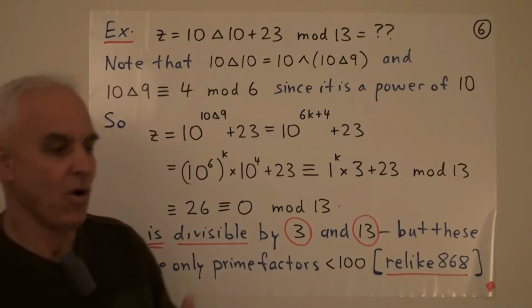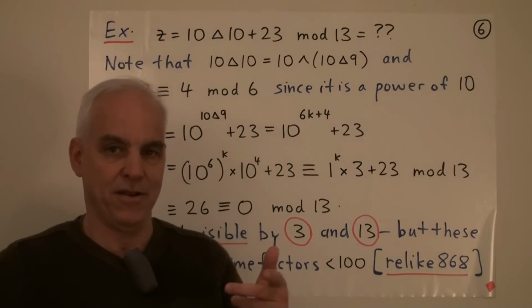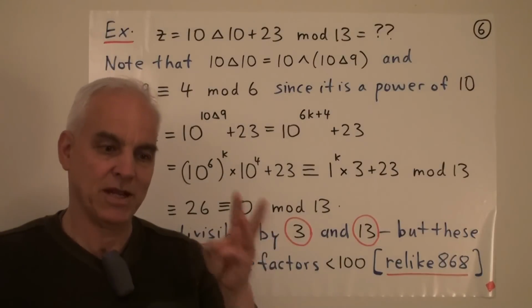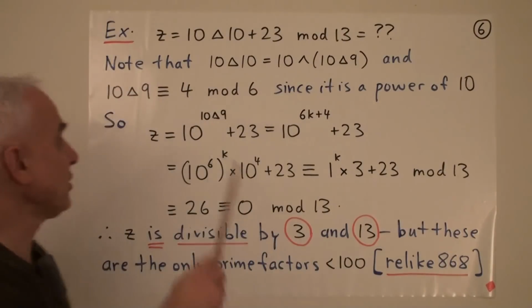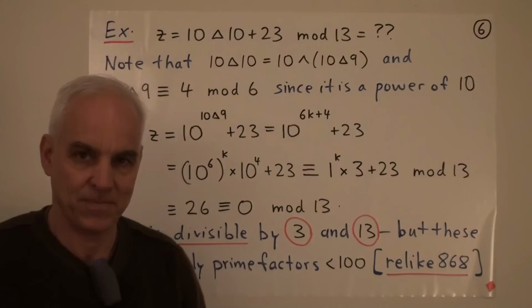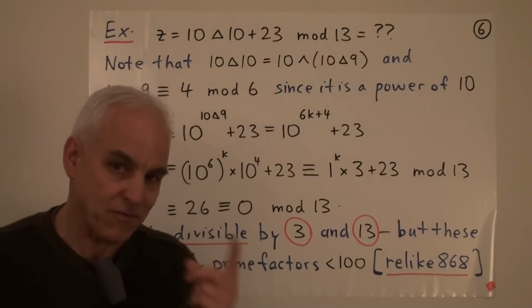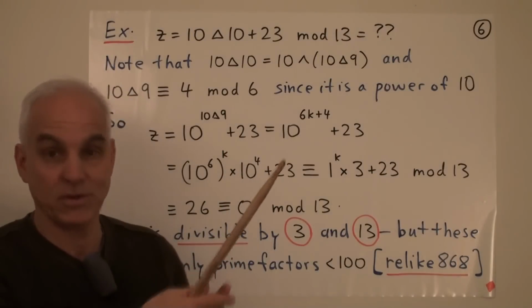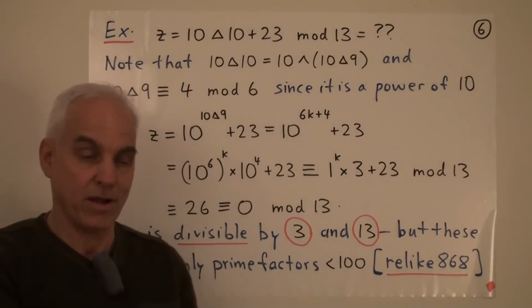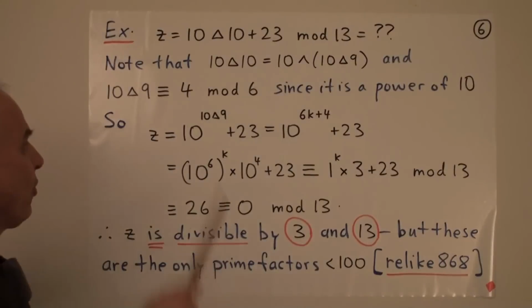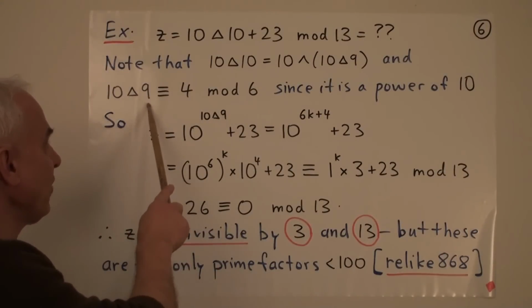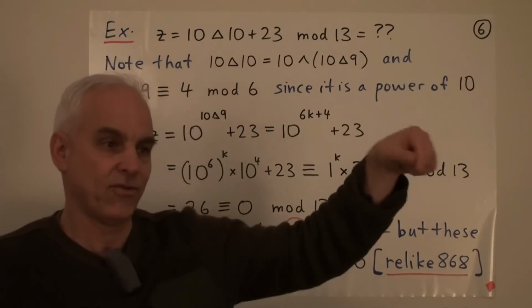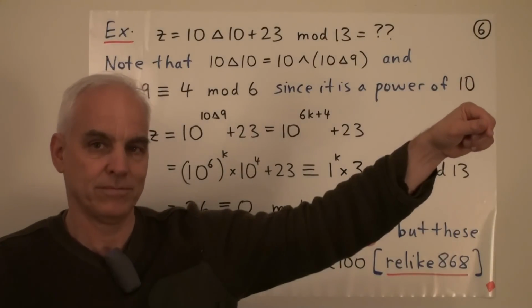We've seen that all the powers of 10, 10 to the 1, 10 squared, 10 cubed, 10 to the 4th, all of them are congruent to 4 mod 6. Because the first one is congruent to 4 mod 6, and then the next one will be 10 times that, which is 40, which is also congruent to 4 mod 6. So 10 triangle 9 will also be congruent to 4 mod 6 just because the pattern is completely uniform.